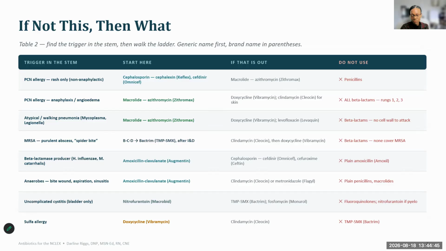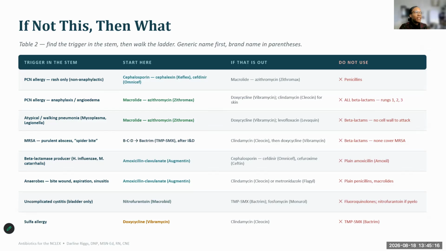C, clindamycin, and D, doxycycline, and really in that order. So if for whatever reason they can't do Bactrim because of allergy, then go to clindamycin. If for whatever reason they can't do clindamycin, then you go to doxycycline. Okay, no beta-lactams work with MRSA. So get away from 1, 2, 3. Okay, so that makes it easy, right?